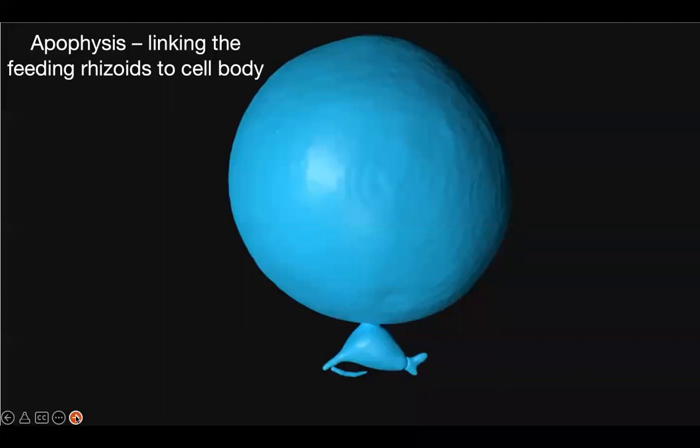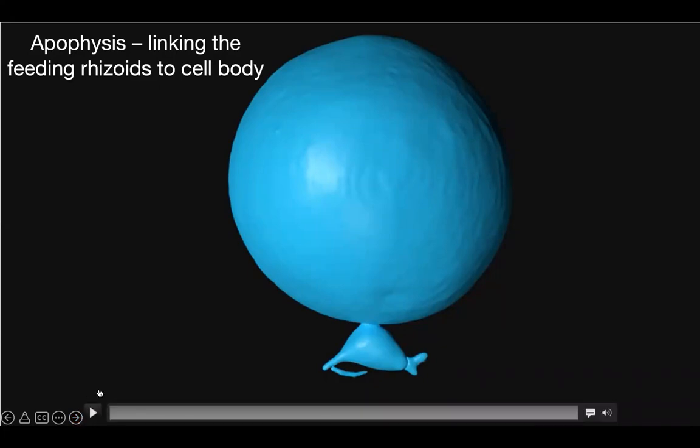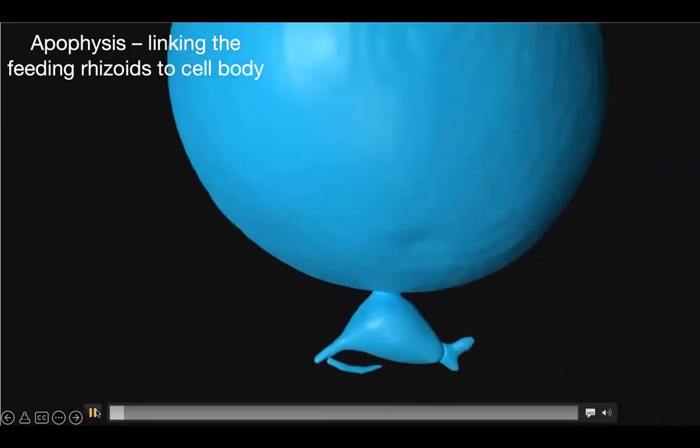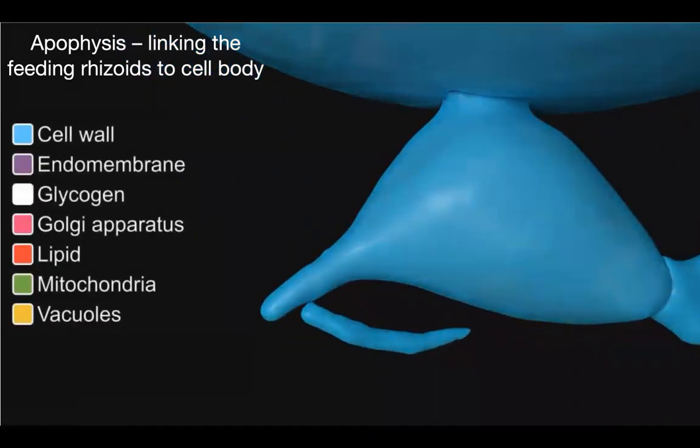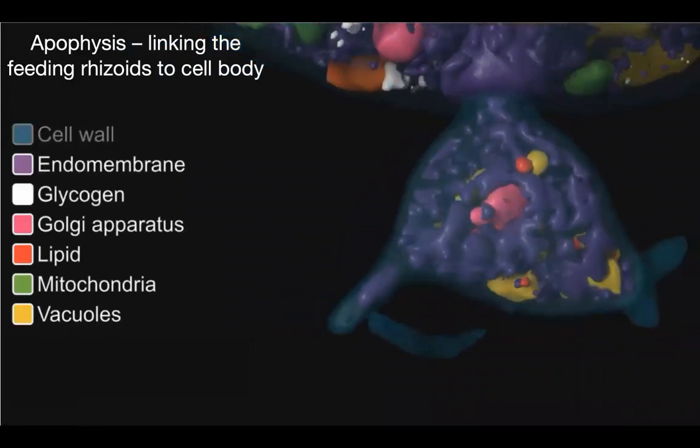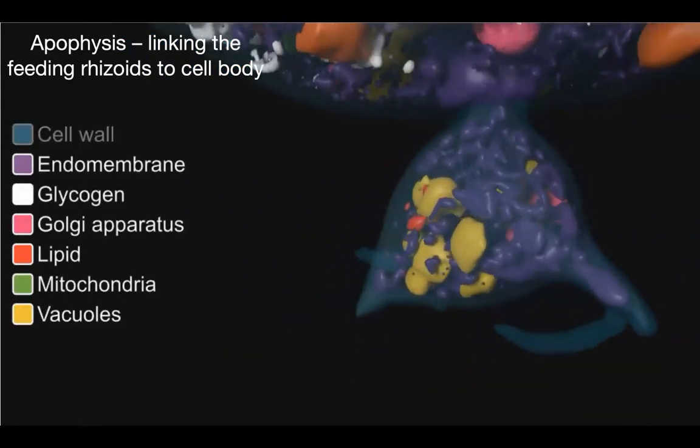And one of the things that Davis and I had always been fascinated with is the apophysis. It's quite interesting how the apophysis, gel 800 has a big apophysis, and in the literature, chytrids have got apophysis. Well, what's the function of the apophysis? What's it do? So we really wanted to look at that quite specifically. What we actually find is if you look in the apophysis, it's completely packed with endomembrane.